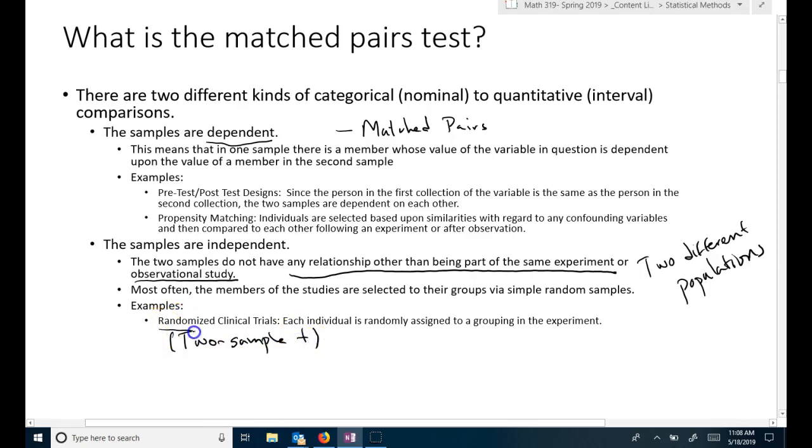Oftentimes in a randomized clinical trial, each individual is randomly assigned to a grouping in the experiment, like a treatment or no treatment group, and consequently those are the two samples. So there's no relationship between the two samples other than, like we said, being in the same experiment.